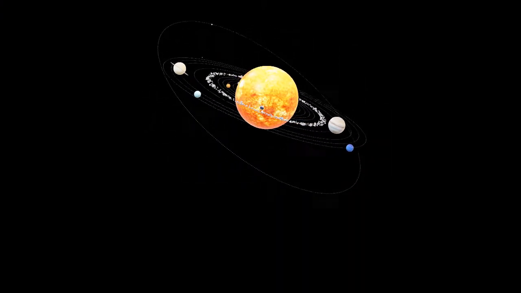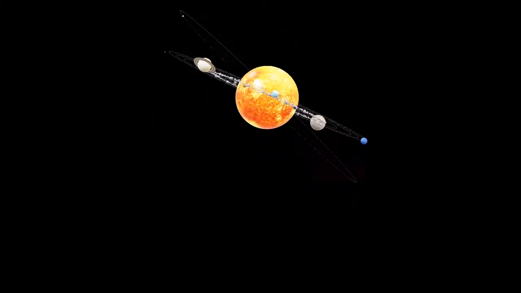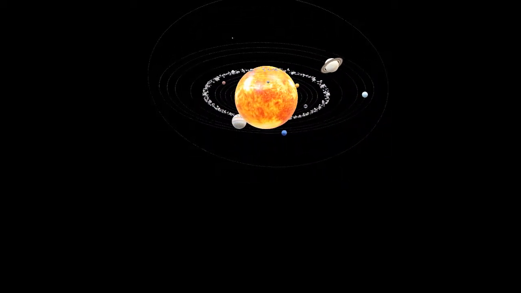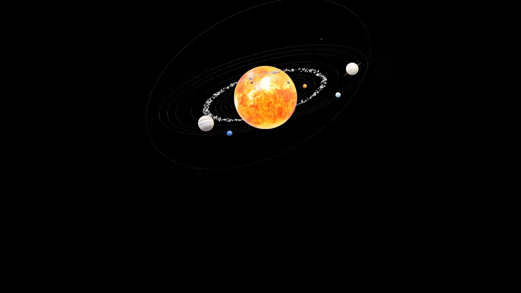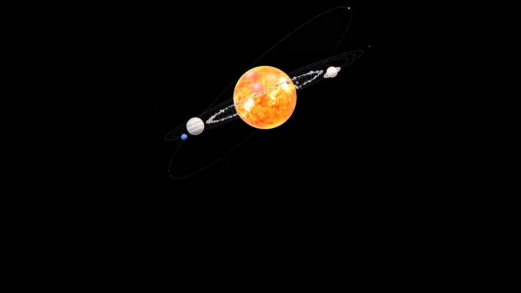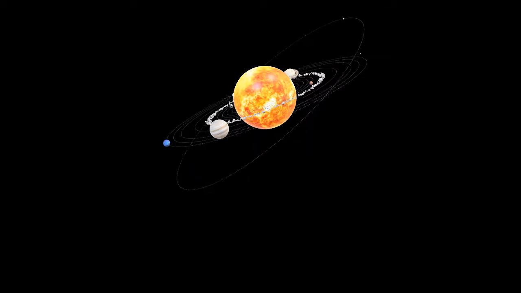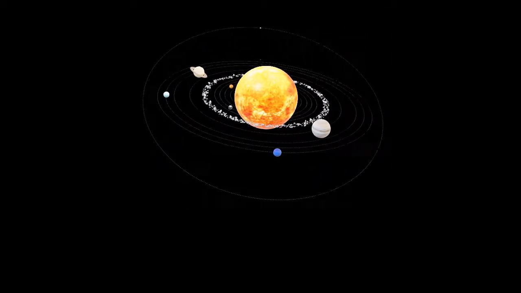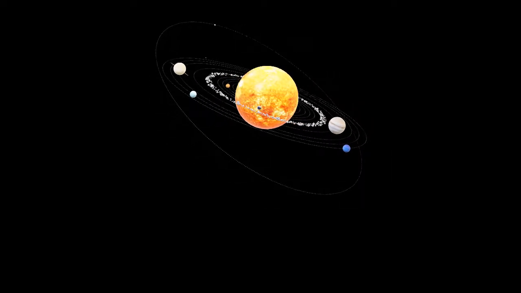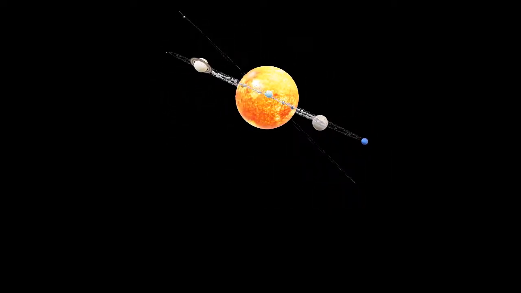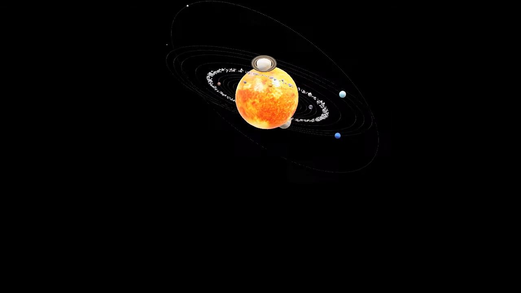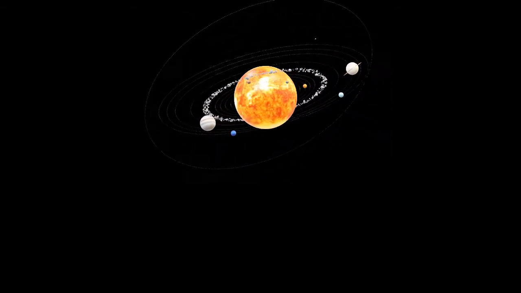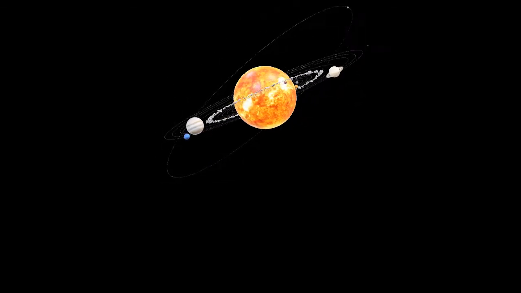Wow! Can you see the big round circle? What color is it? It's yellow. It's shining. Can you guess what it is? It's the sun. The sun. And there are a lot of planets that are orbiting the sun.